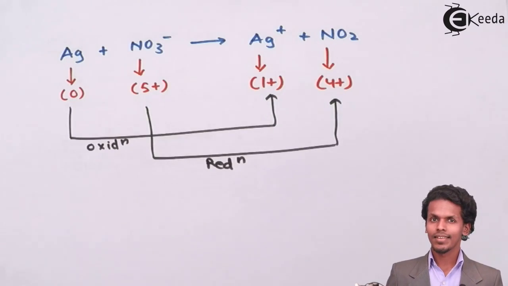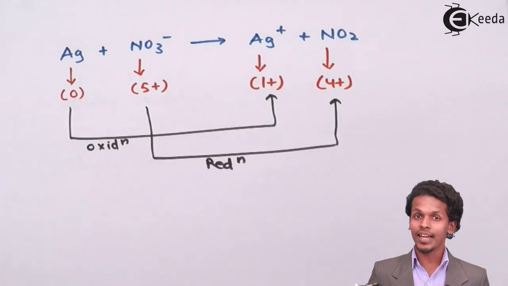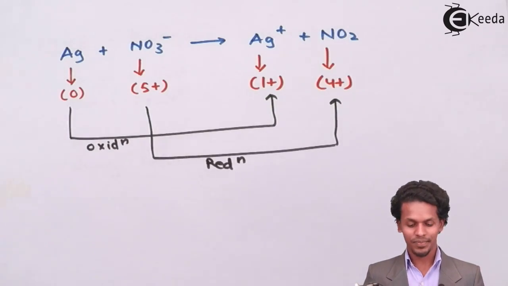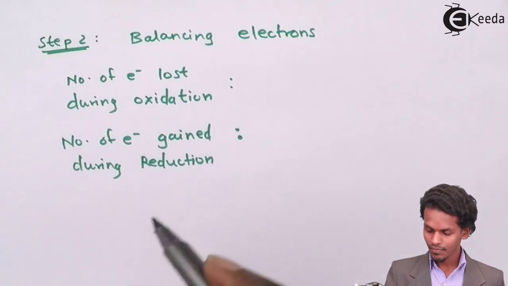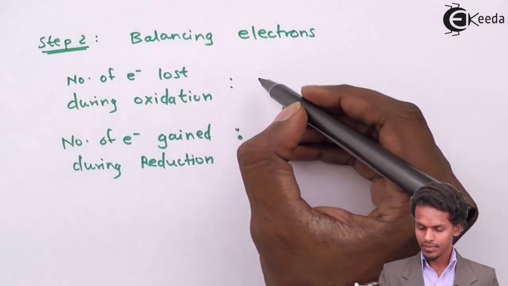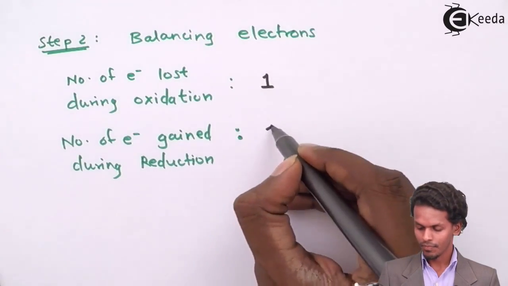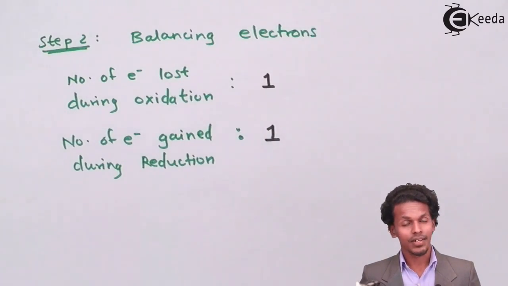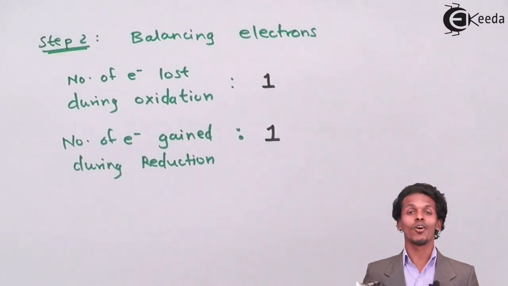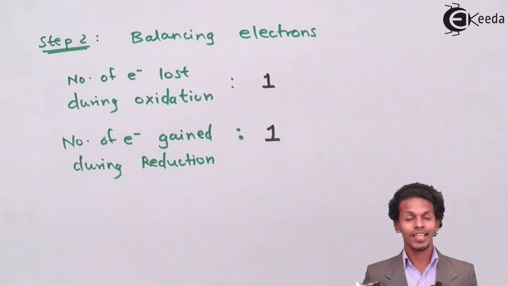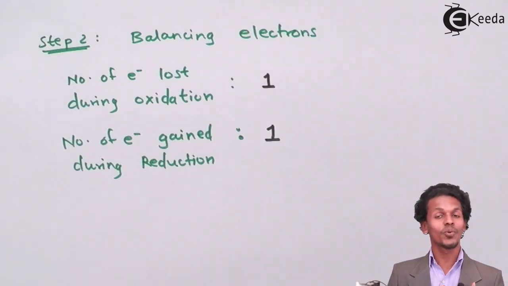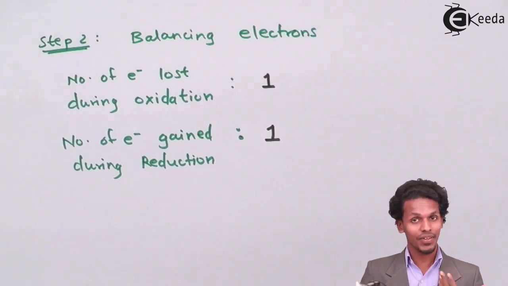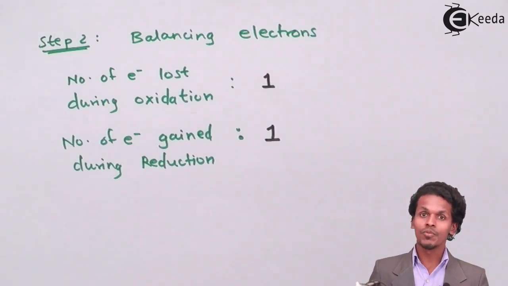So the number of electrons accepted and the number of electrons donated are both 1. As we can see, the electrons are being balanced, so no need to cross multiply. It's very simple, so we can move towards the next step. It was one of the easiest equations that we are solving. So let us move on.